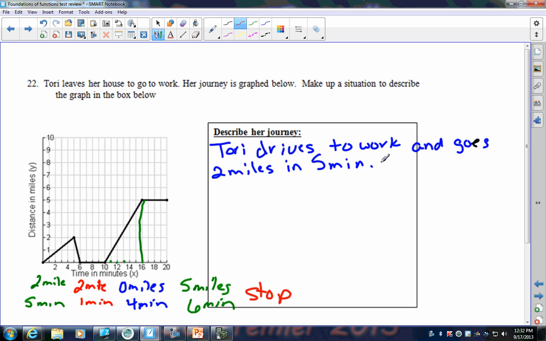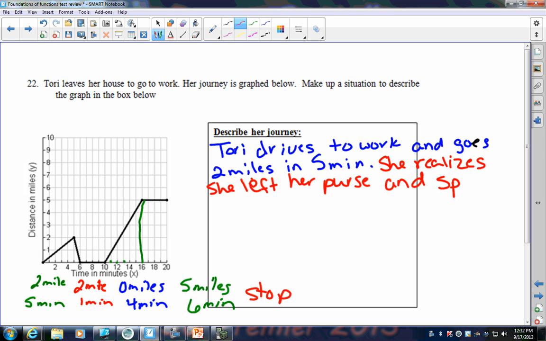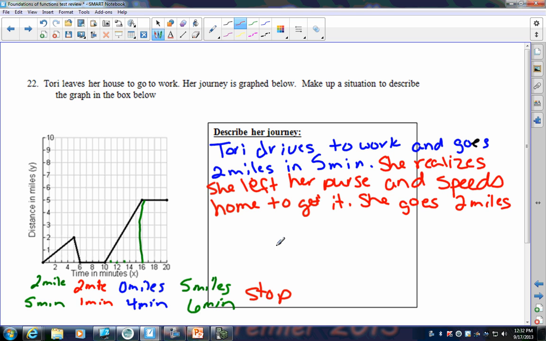So she realizes she left her purse, and speeds home to get it. Nice. Hold on. She goes 2 miles in 1 minute. She's really flying.